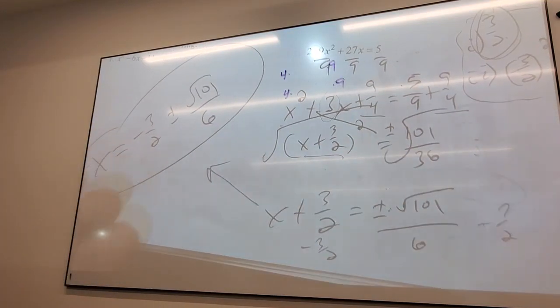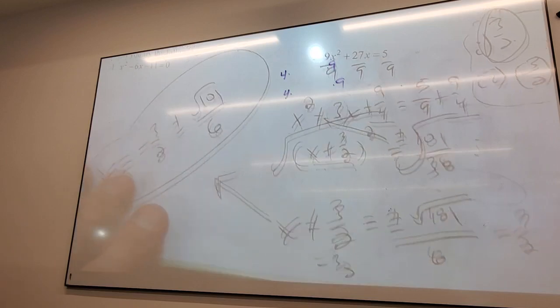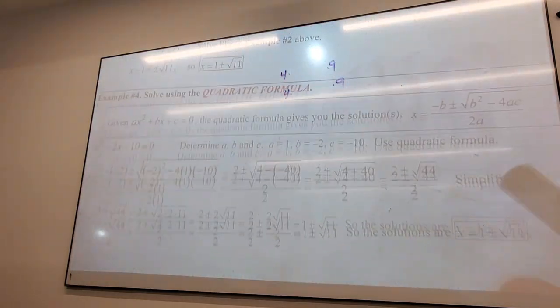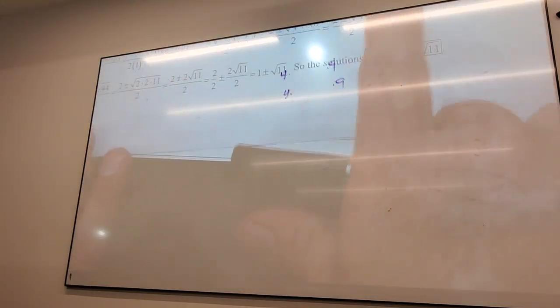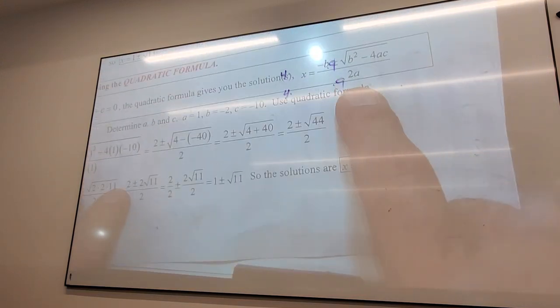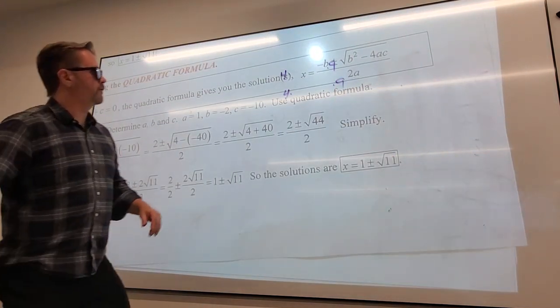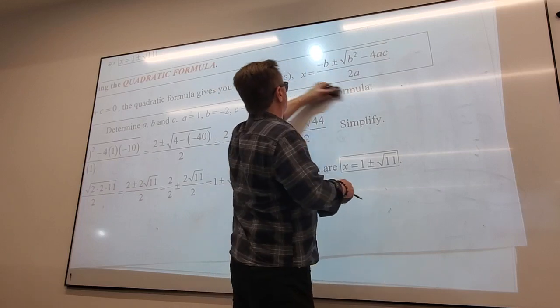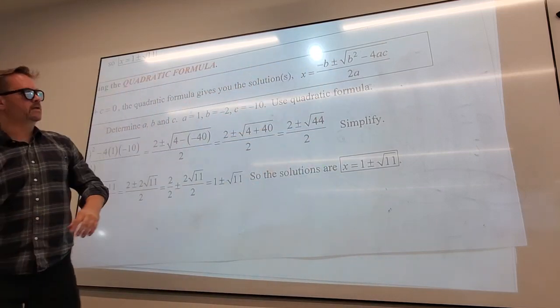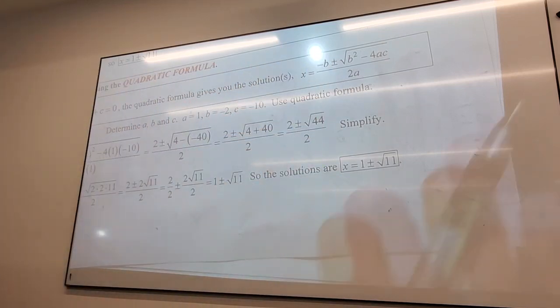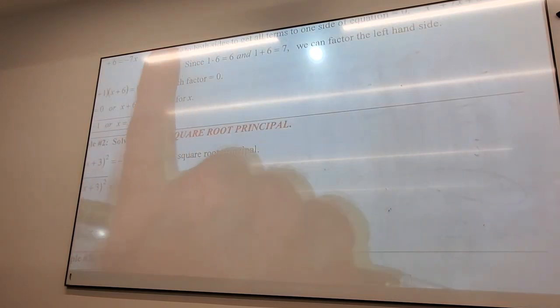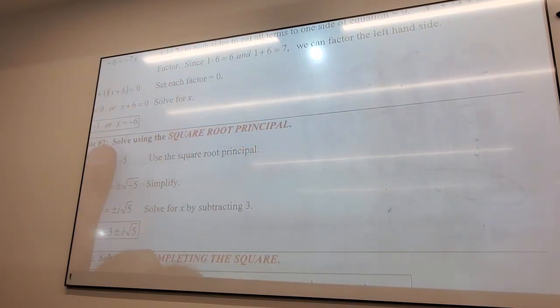Yesterday we actually derived the quadratic formula, which, if you missed it, it's down here. We actually saw where that came from. So this side has all the various ways to solve quadratic equations. You can factor.